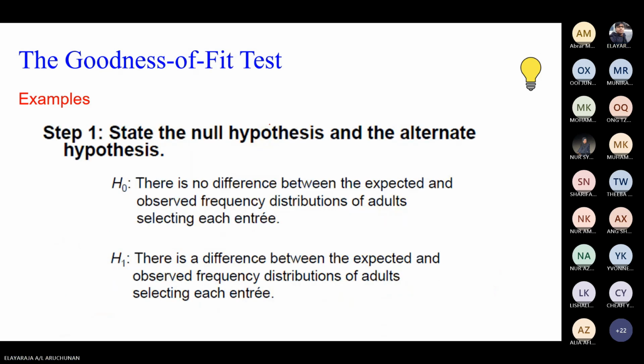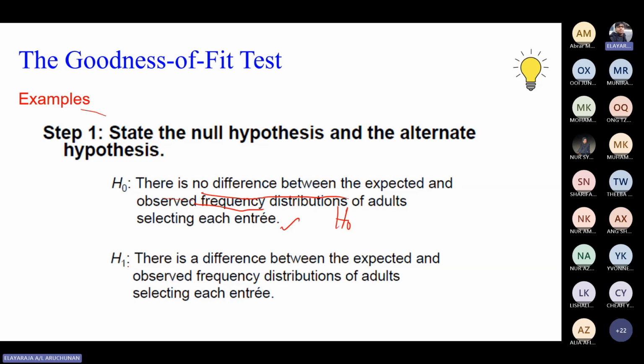Now we're going to set up the hypothesis test. First, you need to set the null hypothesis and the alternative hypothesis. The null hypothesis: there is no difference between the expected and observed frequencies.